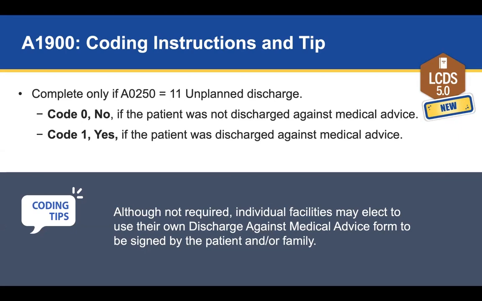If the patient had an unplanned discharge from the facility and there was not an order from the managing physician recommending discharge from the facility in the patient record, the assessor would enter code 1, yes, the patient was discharged against medical advice. Although it is not required, facilities may elect to use their own discharge against medical advice form to be signed by the patient and/or family.